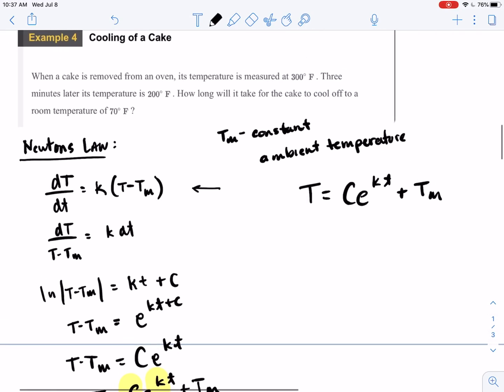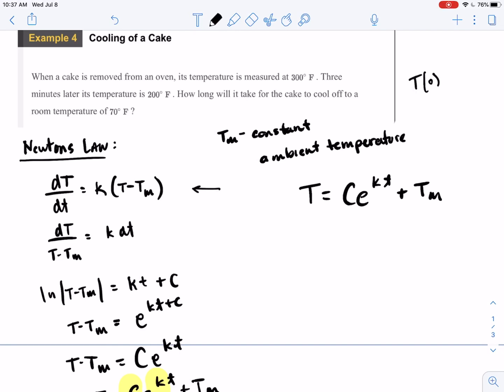So when you're reading through, it says when the cake is removed from the oven, all right, you have an initial temperature, so it's going to be T(0) equals 300 degrees, okay? And then they say T(3), so now our t is going to be in minutes.